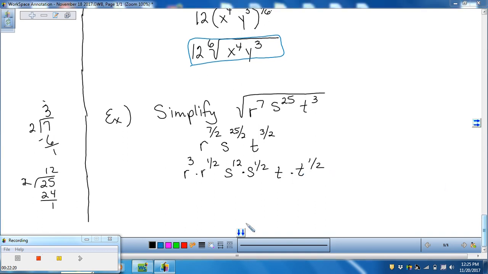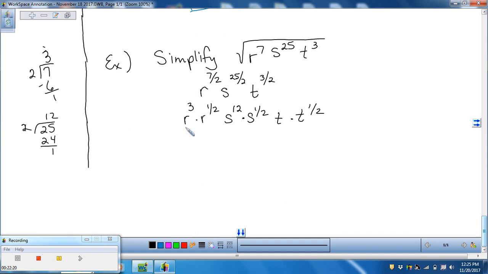Now all of these that I am taking out are the whole number exponents. So r to the 3rd comes out in front, s to the 12th comes out in front, and t comes out in front, and then the ones that are rational exponents go back inside.